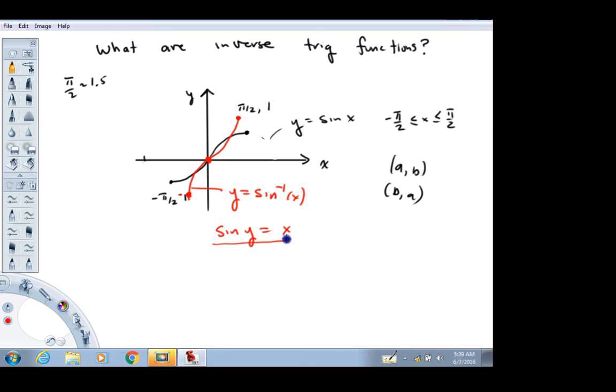Now, we should talk domain and ranges here. So y equals sine x, if we go back to the original here, in order for it to have an inverse, we restricted ourselves from minus pi over 2 to plus pi over 2. So over here, this is going to get up to plus pi over 2 down to minus pi over 2.